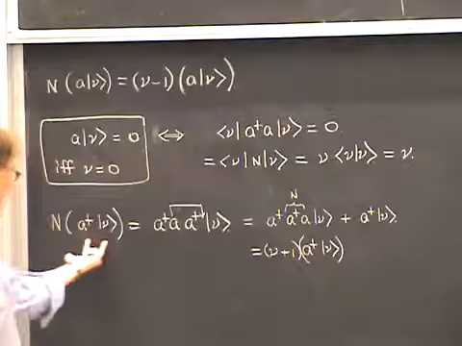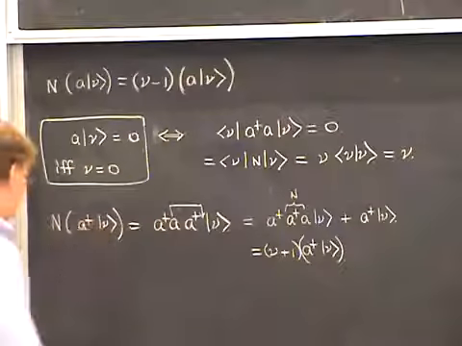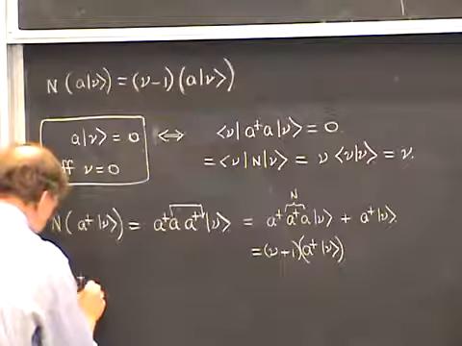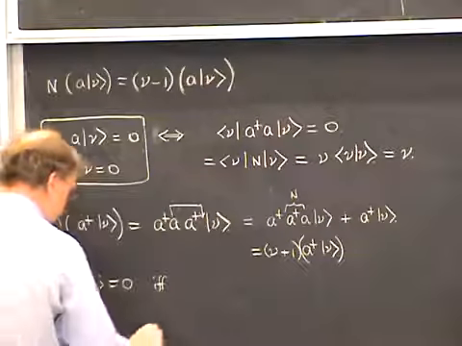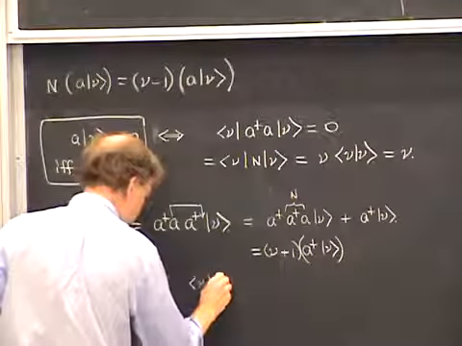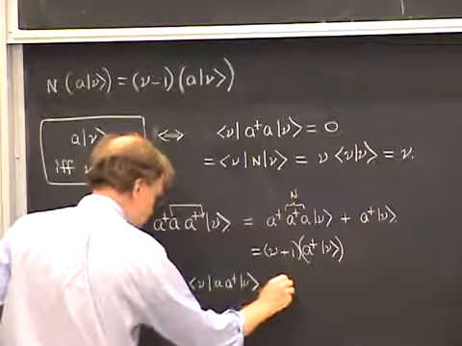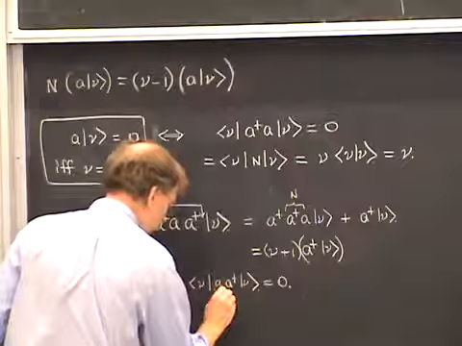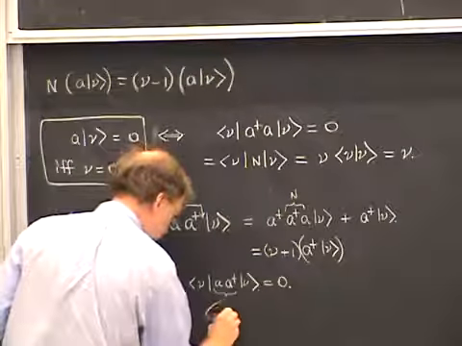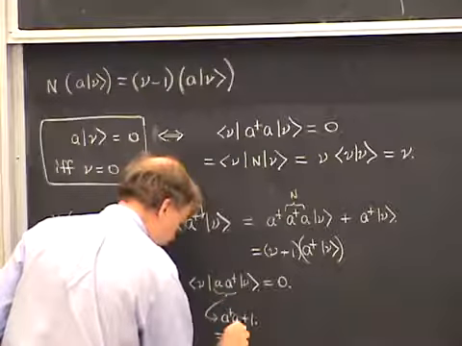Let's go through the same thing. Does this state vanish? When is the possibility of A dagger nu vanishing? A dagger nu equals 0 if and only if its square is equal to 0, which is nu times A dagger nu. However, by the commutation relations, A dagger nu is equal to A dagger A plus 1, which is equal to n plus 1.